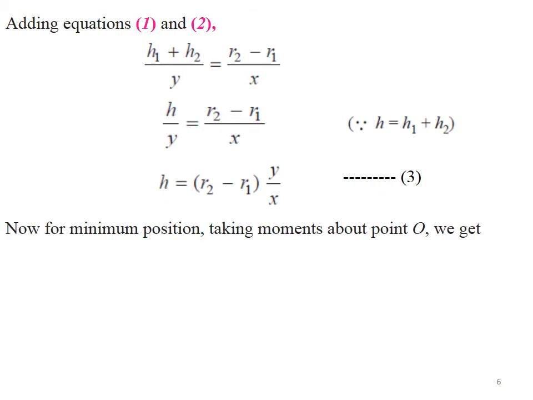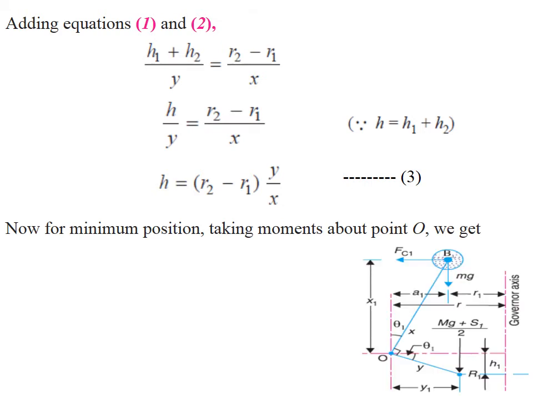Now we take the moments about point O, both for minimum position and maximum position. First, we take the moments for minimum position at point O. You can see there are many forces acting. So first write mg plus s1 by 2 into the distance y1. Which is the force acting outward?